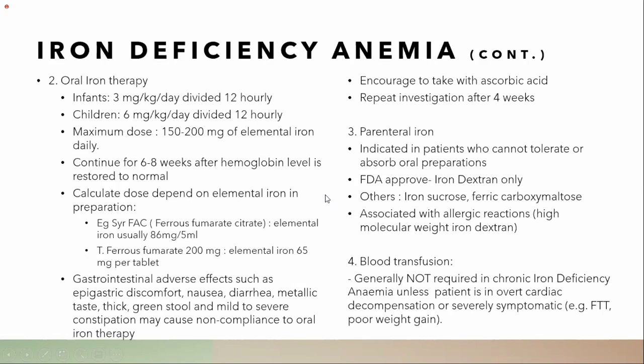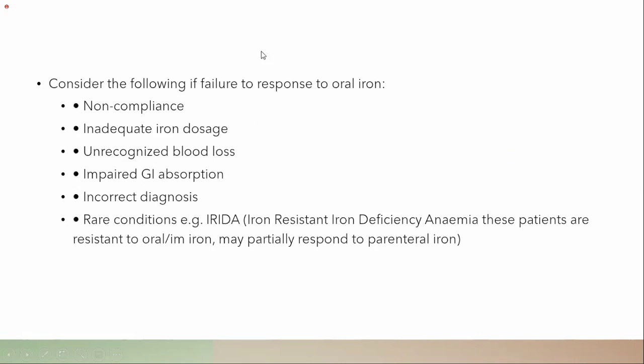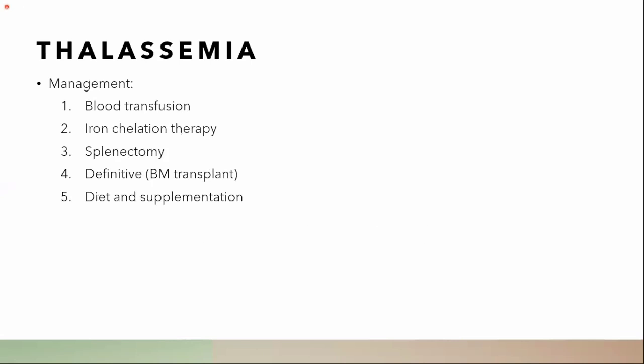Last is blood transfusion, but generally it's not required in iron deficiency anemia unless the patient comes with overt cardiac decompensation or is severely symptomatic. We consider the following when the patient fails oral iron therapy: non-compliance, the dosage, underlying blood loss, malabsorption, incorrect diagnosis, or an underlying rare condition that prevents absorption.